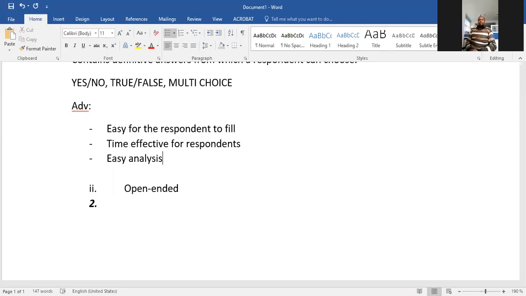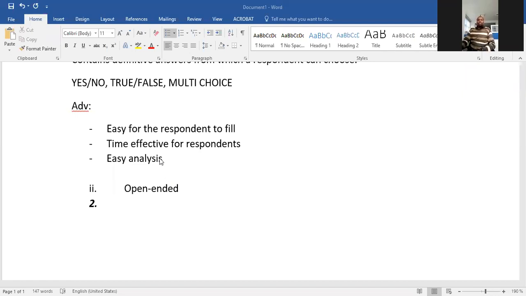So easy analysis, because afterwards you pick up the questionnaires, and you realize for question number 1, 5 people answered excellent, 7 people answered good, 8 people answered very good, and 2 people answered poor. Can you see that? So easy analysis, so that you can make inferences and conclusions very fast.